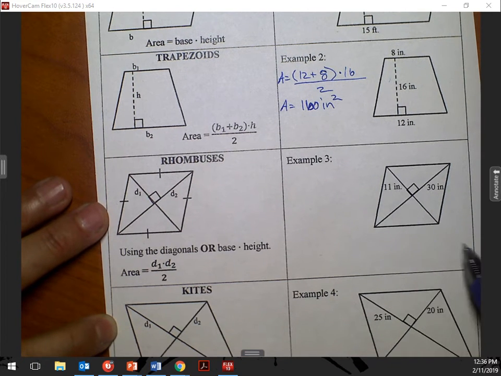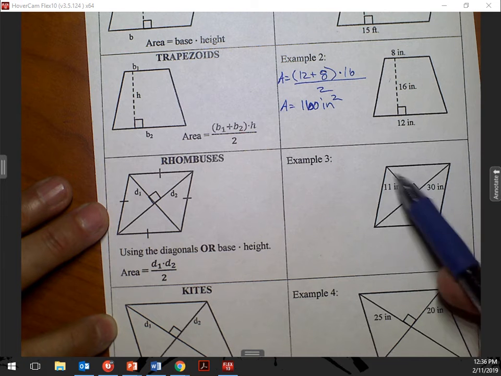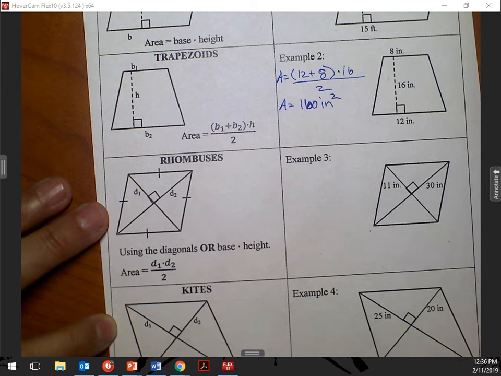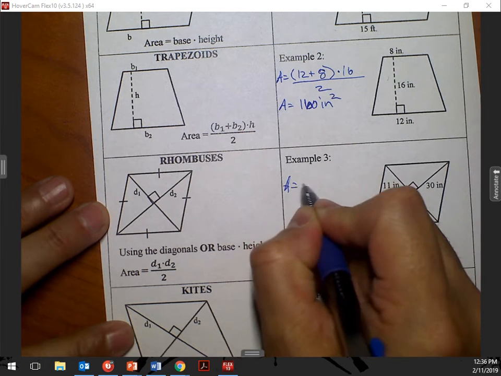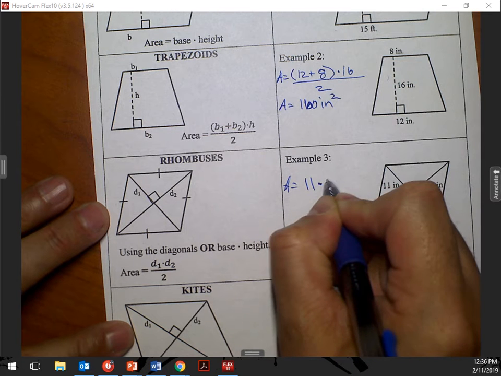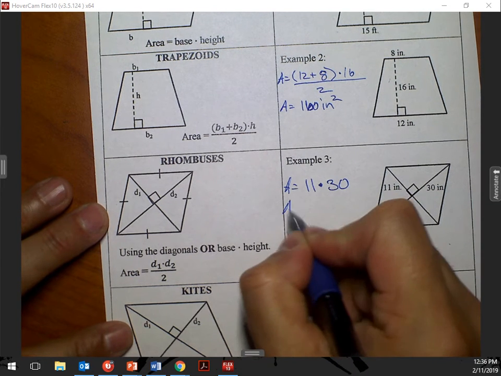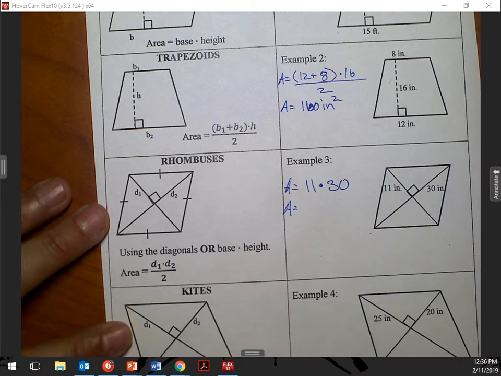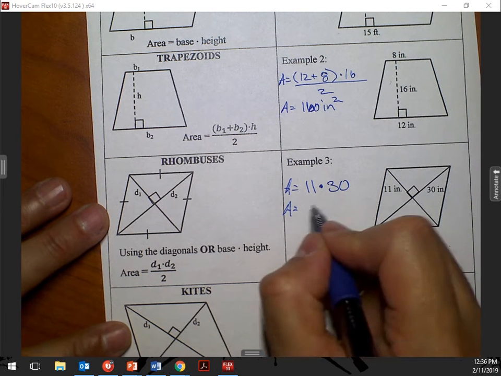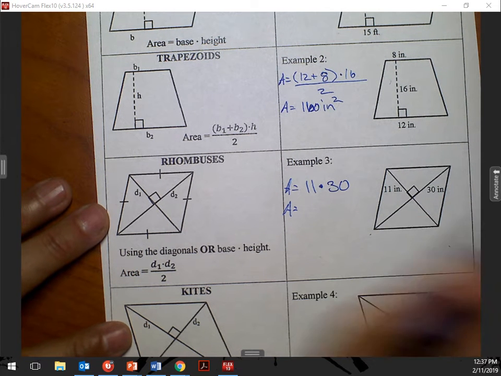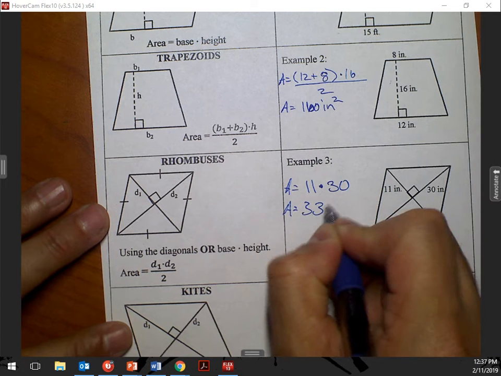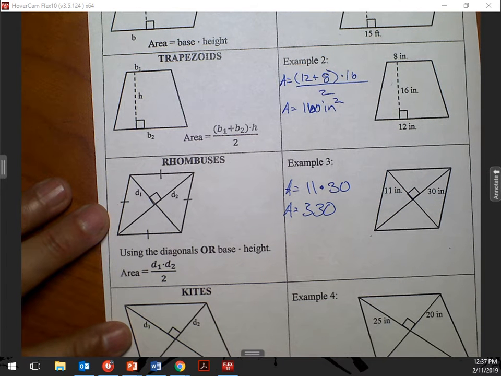So in this case right here, this is going to be 11 times 30. So my area, 11 times 30, what's that going to be? 330. What are my units? Inches.